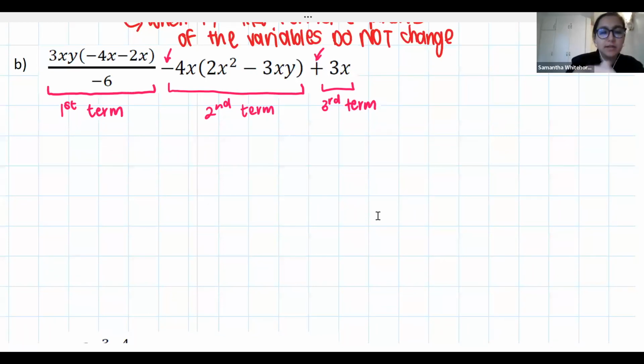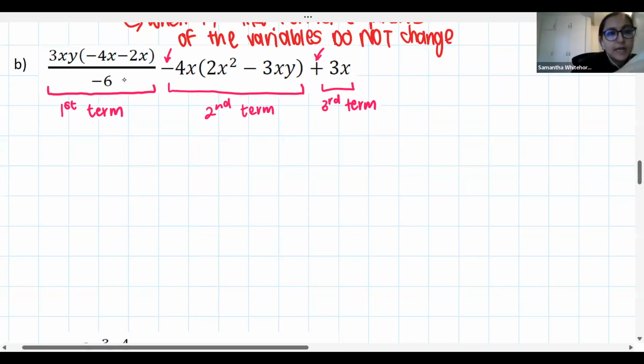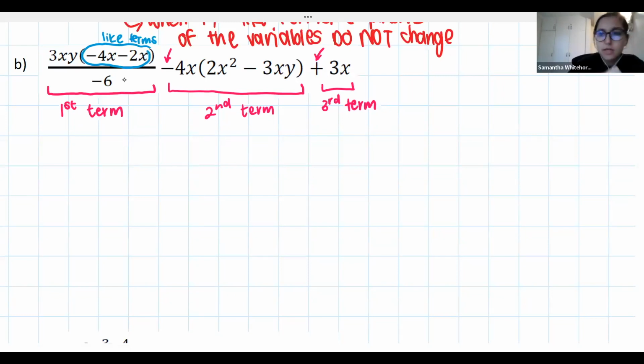So if we just look at the first term, I need to look at what I've been given in this fraction. And again, hopefully what I'm seeing is that in this bracket, I once again have like terms. The second you've got like terms in a bracket, you can simplify your bracket.